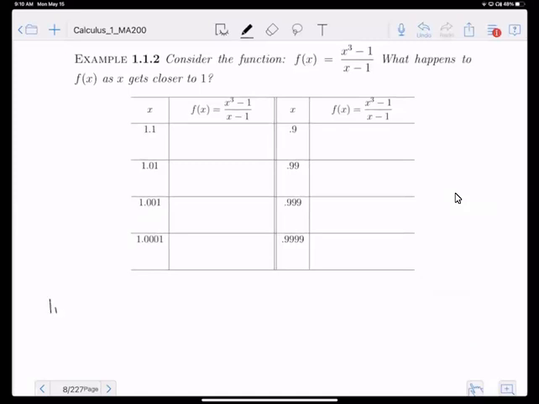This is a question of the limit as x approaches 1 of the given function f of x, that is the limit as x approaches 1 of x cubed minus 1 over x minus 1, which is 1 cubed minus 1 over 1 minus 1. Our usual routine of solving this gives 0 over 0.